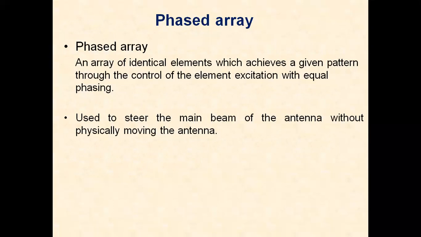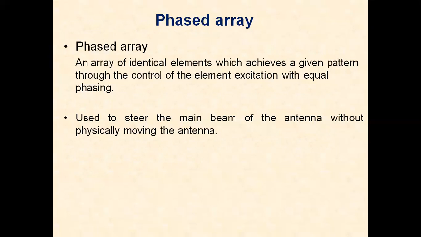And we also consider the phase difference between the various feed points by suitably arranging an array. So in this we have equal phasing. In phased array radar we have equal phasing. It is possible to cause pattern cancellation and reinforcement that will result in the array having strong desired directional radiation characteristics.